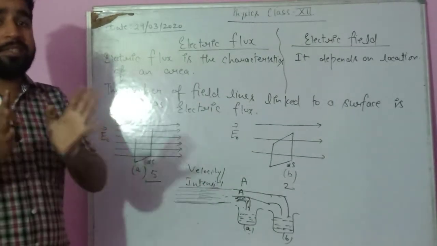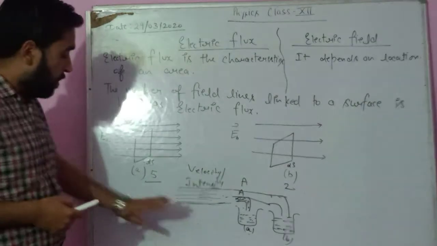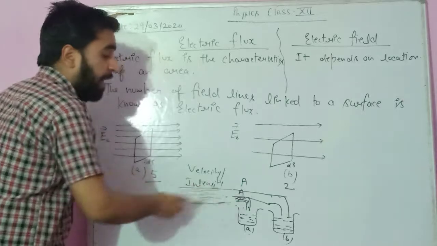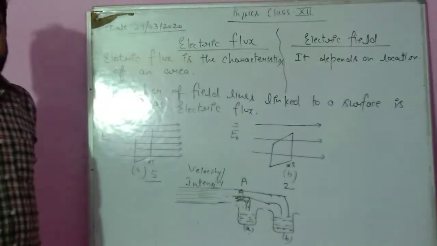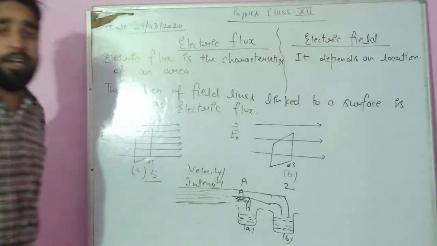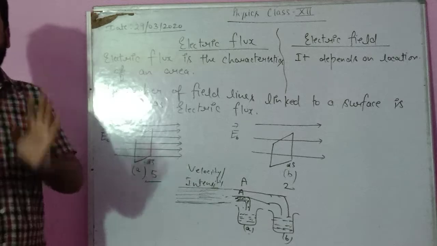And why is flux scalar? You can clearly understand from this example: the water which was coming out had a particular direction, so it was a vector. And when water is kept here in the container, it has no direction. It is just a quantity.